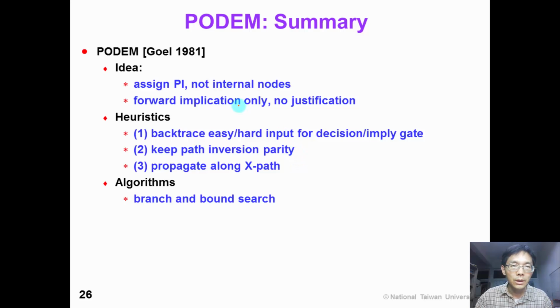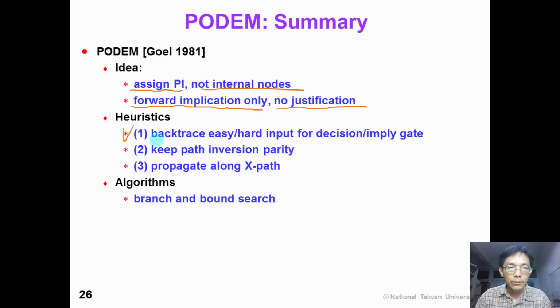In summary, the PODEM algorithm proposed to assign primary input values, not internal values, so we greatly reduce the search space. During the PODEM algorithm, we perform only forward implication. There is no justification needed, so we save a lot of time. There are 3 heuristics proposed.